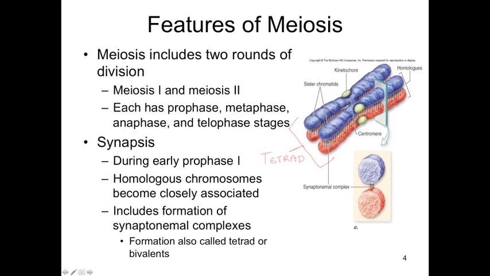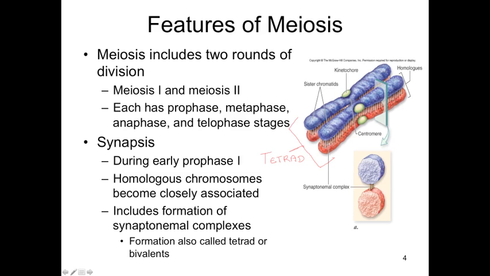So, for example, the blue chromosome might have blonde hair color on it. In the same location on the red chromosome, we do have an allele or genes for hair color. However, it may be a different version of that allele. It could be brown. It might also be blonde, or it could be red.